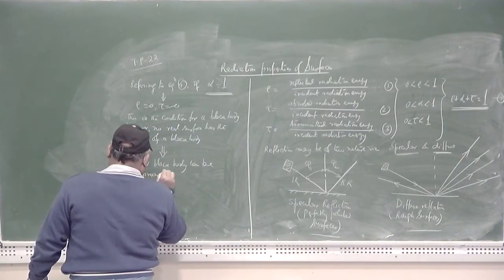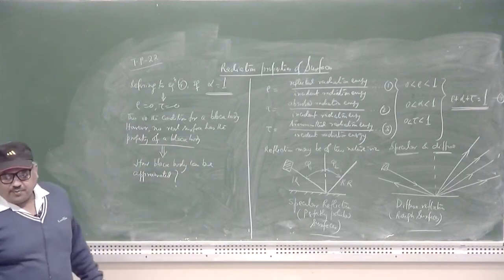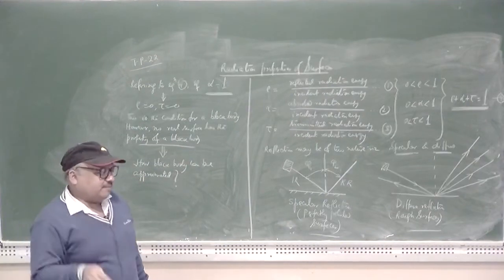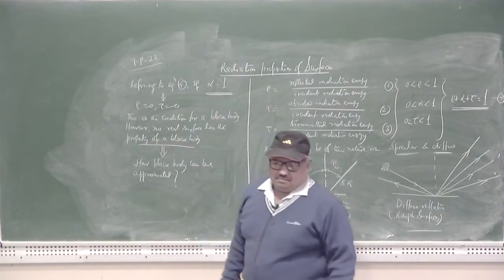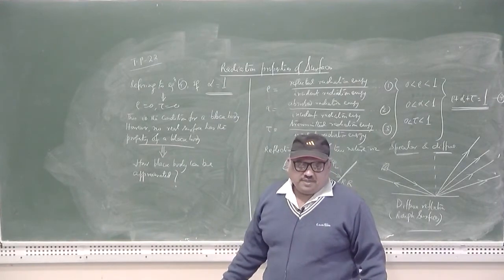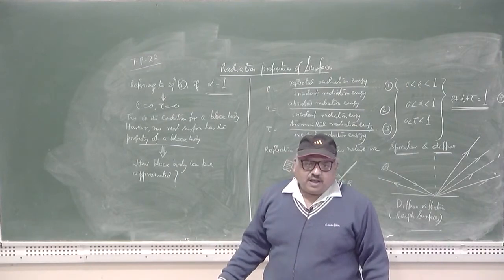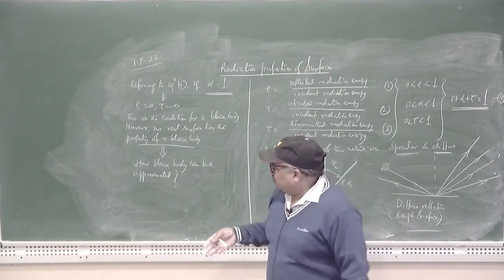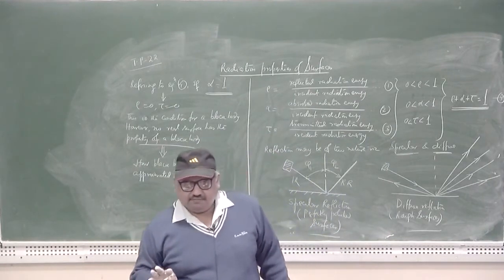This is our next topic. No real surface has the property of a black body, which means in no real case is alpha equal to 1. There must be some model by the use of which an approximate black body can be considered.